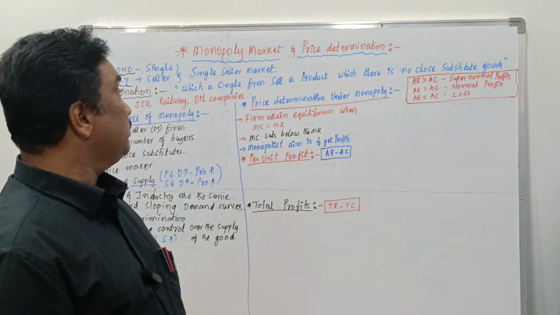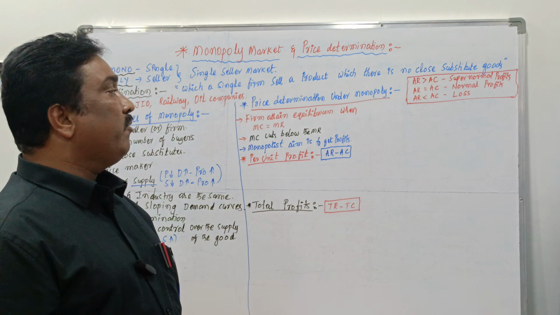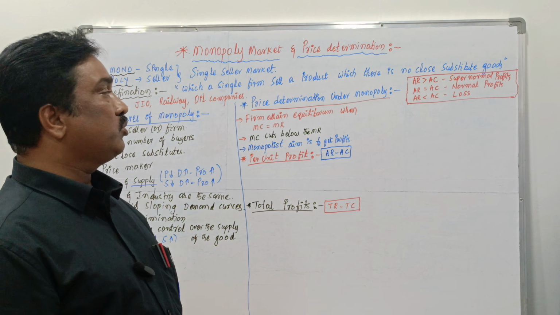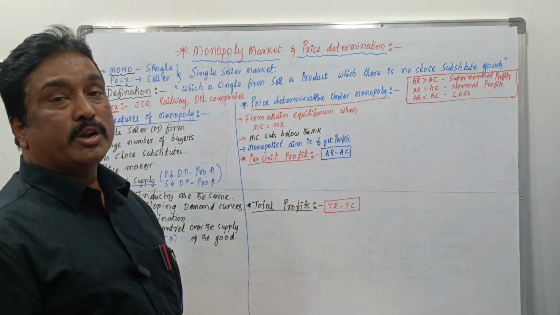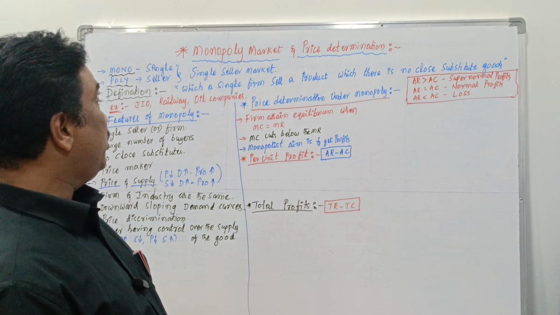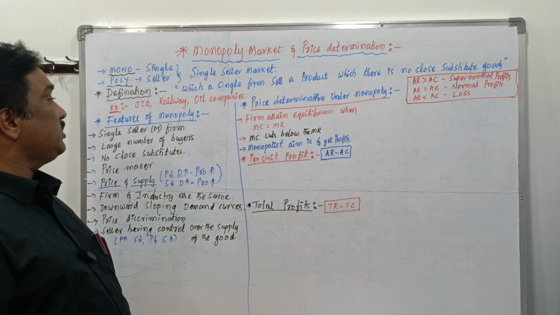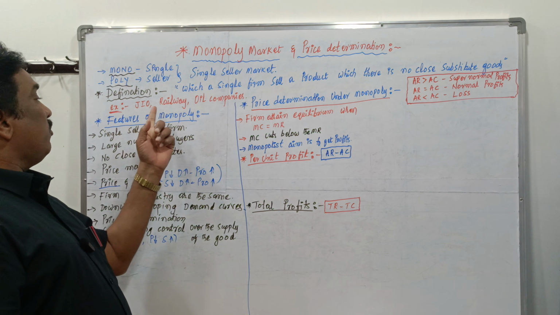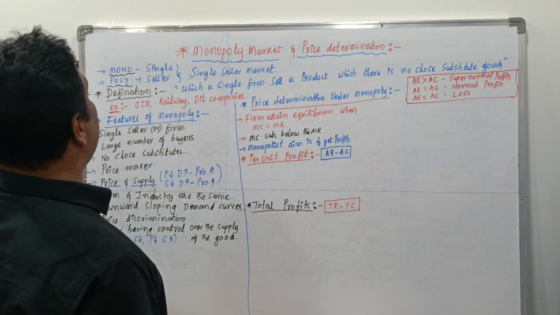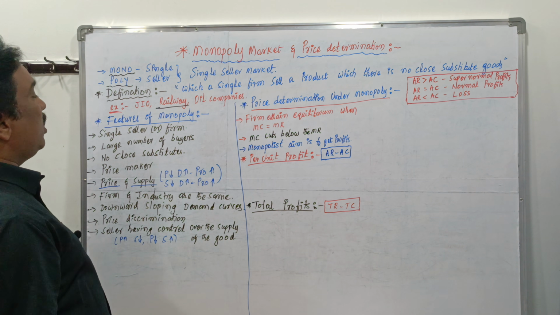The monopoly market is nothing but one in which a single firm sells a product for which there are no close substitute goods. For example, different oil companies are there in our India: Bharat, Hindustan Petroleum, Asia, Indian Oil, and Indian Railway, Jio. For example, if you take Indian Railway, it is also under the monopoly market.